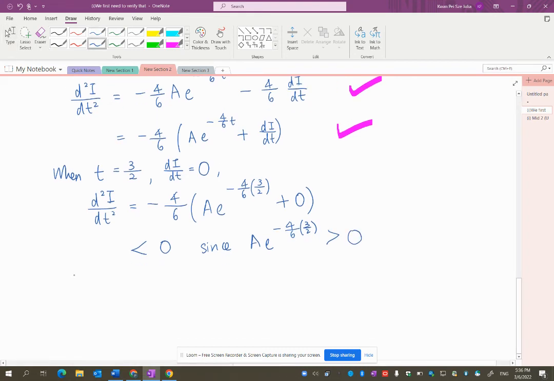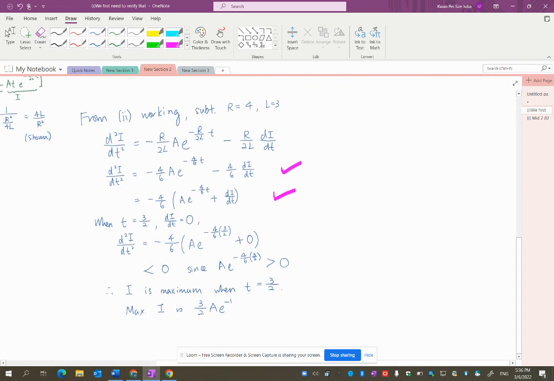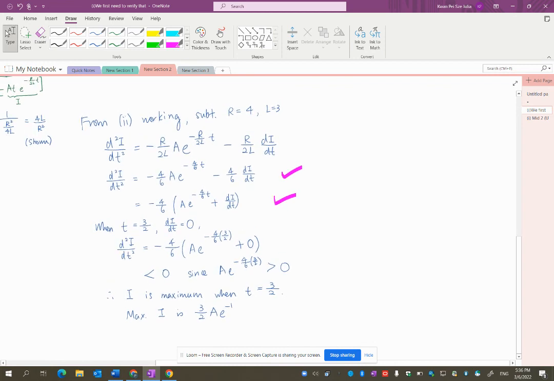So therefore, we say that I is maximum when t is 3 over 2, and the maximum I is this value that we have found for I. Okay, so this is the verification part.